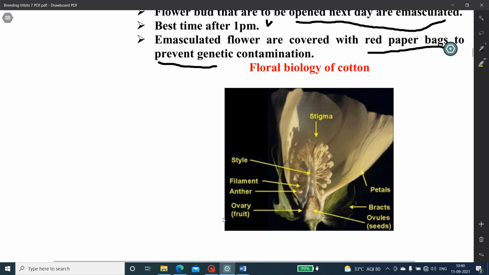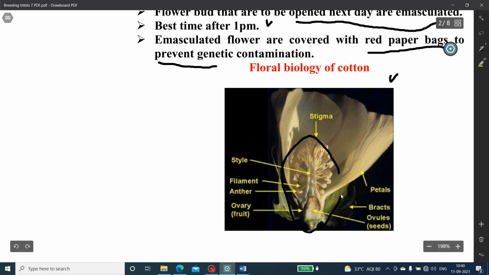Before emasculation, we should understand the floral biology of cotton. This is the reproductive part of the flower. This is the petal, and this is the androecium, the anthers, which have to be removed, leaving the ovary, style and stigma.